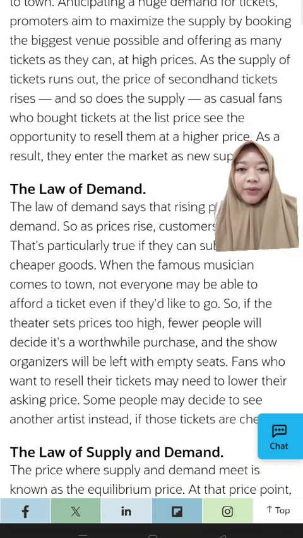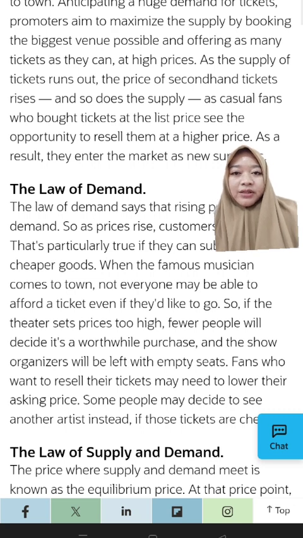To tone down anticipated high demand for tickets, promoters aim to maximize the supply by booking the biggest venue possible and offering as many tickets as they can at a high price.